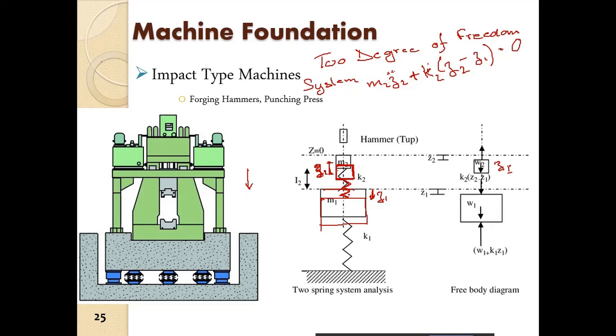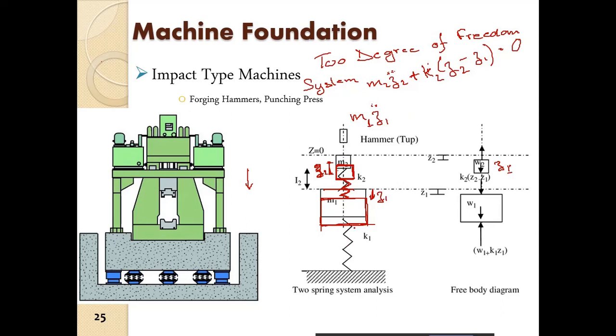Now, obviously when this moves down z1, we have m1 z1 double dot, m1 into acceleration, so that is the inertial force in this mass, the first one.